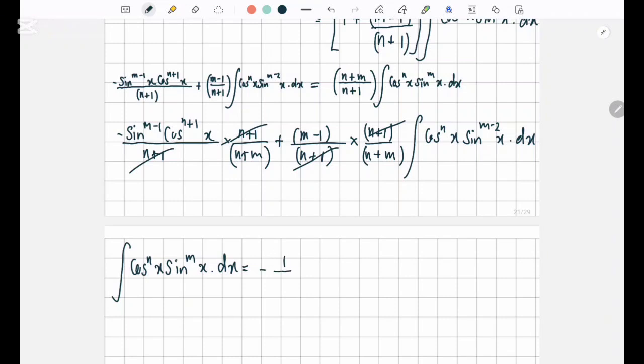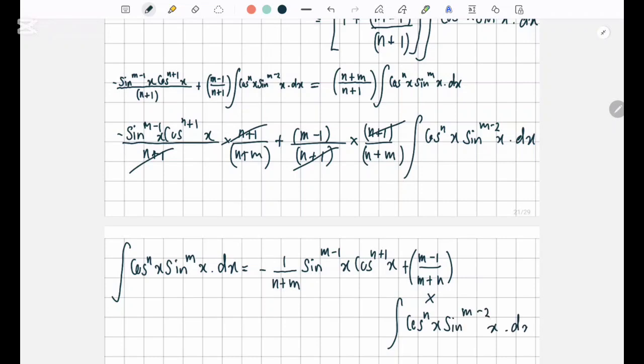minus 1 over n plus m into sine x to the power m minus 1 and into cos x to the power n plus 1 plus m minus 1 over m plus n into the integral of cos x to the power n into sine x to the power m minus 2.